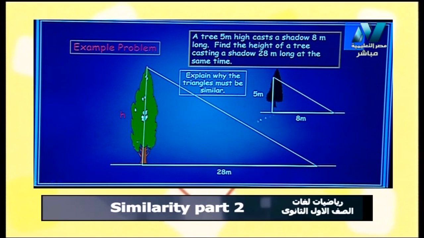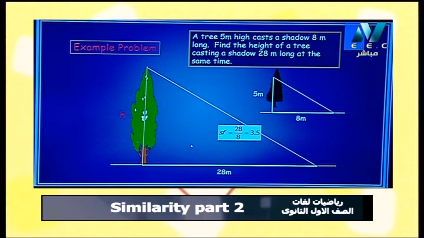These two triangles, sure, they are similar, but why? Because we have here the shadow at the same time, so it's proportional, and this angle is right, equals this angle, so the two triangles here are similar, so the heights are proportional.